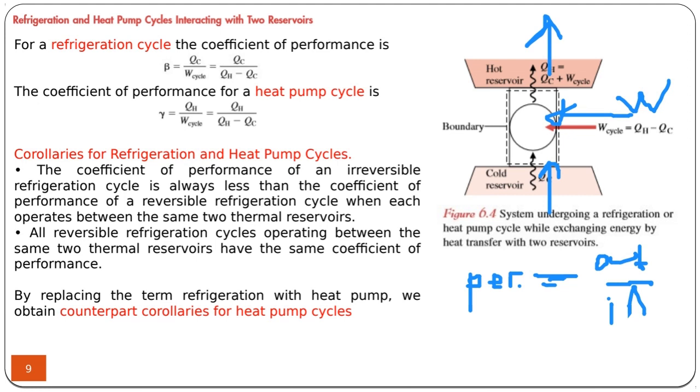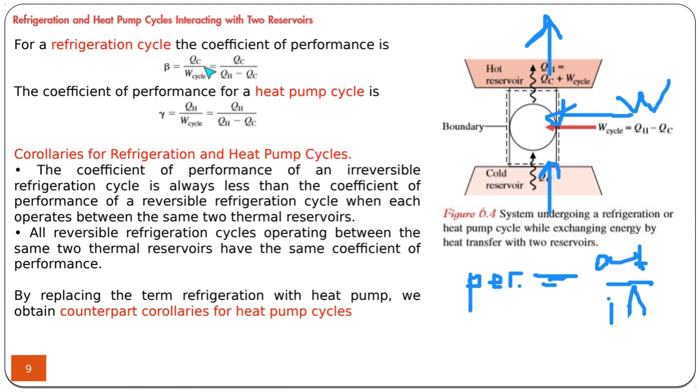So if the system is used for cooling, then we use a performance factor for the system as the cooling capacity of the system divided by the work added into the system.